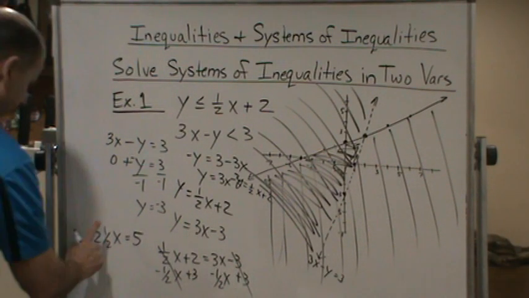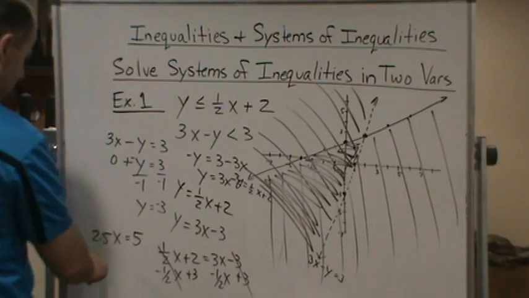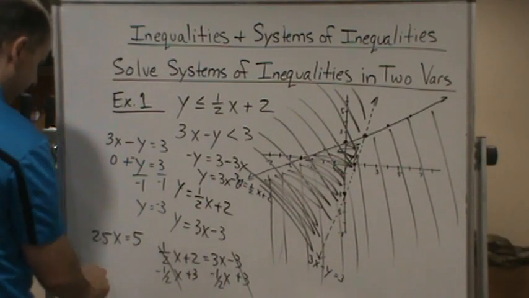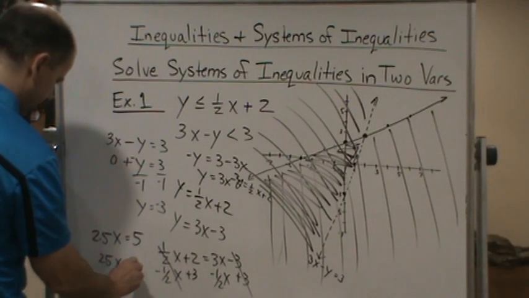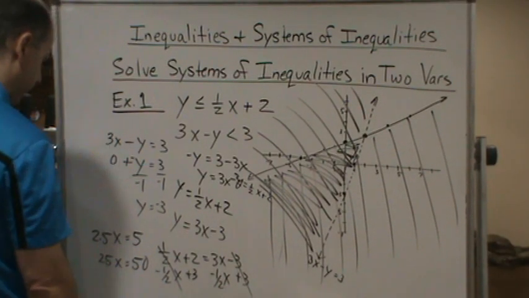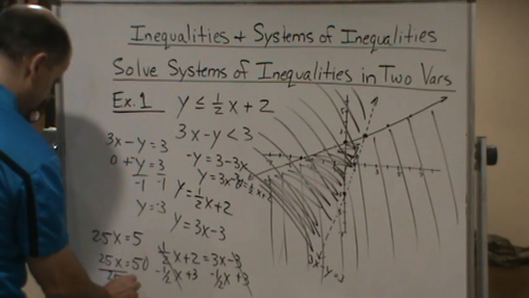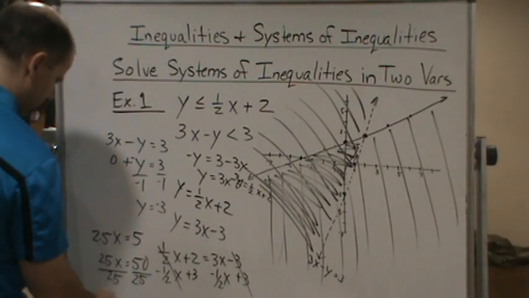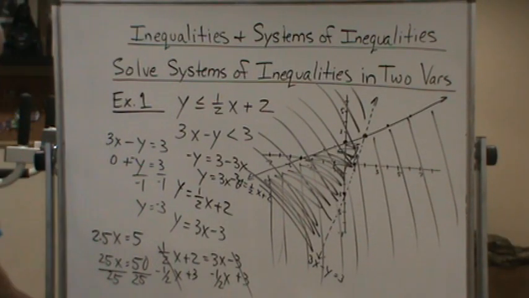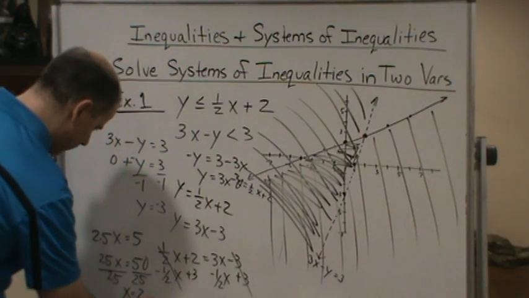Now if I multiply everything by 10, I get 25x is equal to 50. I can do that. And now if I divide both sides by 25, I get x is equal to 2.